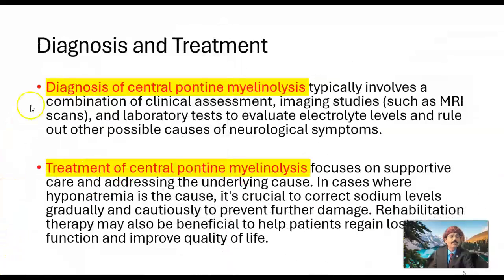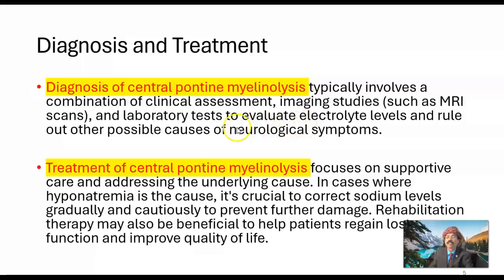Diagnosis and treatment. Diagnosis of central pontine myelinolysis typically involves a combination of clinical assessment, imaging studies such as MRI scans, and laboratory tests to evaluate electrolyte levels, because we know that rapid correction of hyponatremia is the most common cause of central pontine myelinolysis.